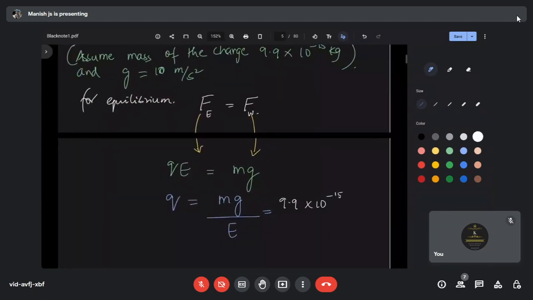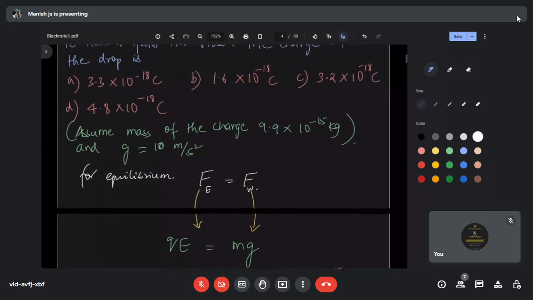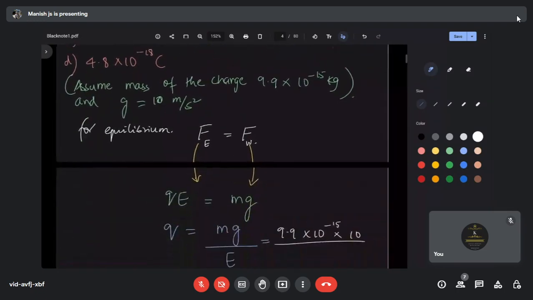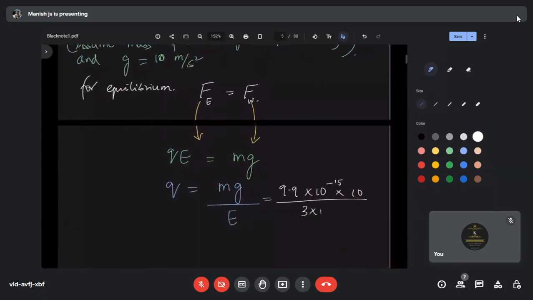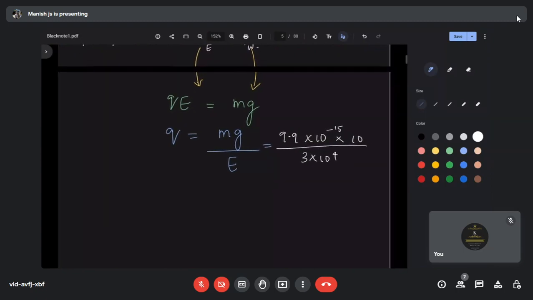So 9.9 into 10 power minus 15 times 10 the whole upon electric field வந்து வேல்யூ கொடுத்திருக்காங்க क्वेश्चनல 3 into 10 power 4. Yes, go for a simplification and get me the answer. ஓகேங்களா? 3 and 9.9 you can cancel.